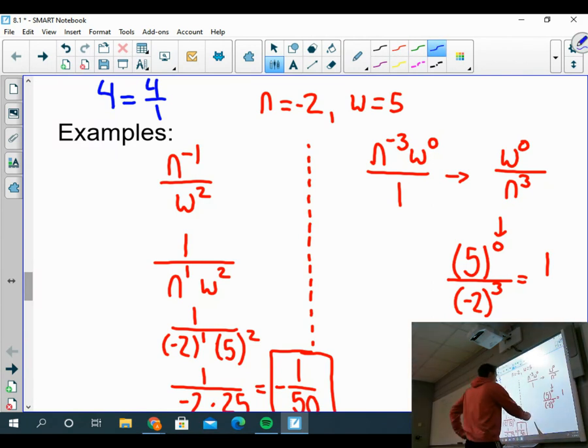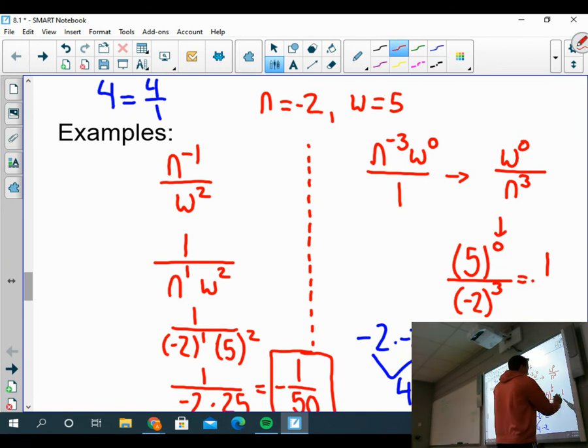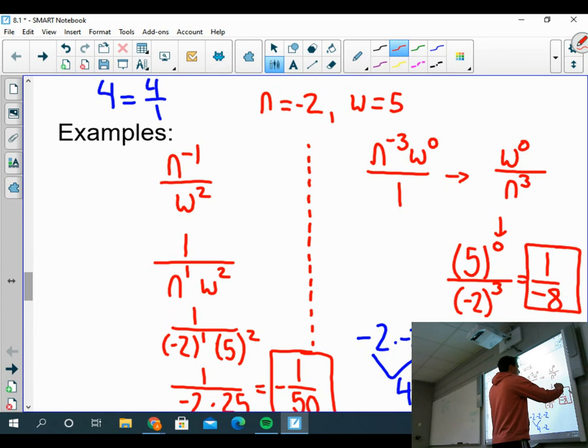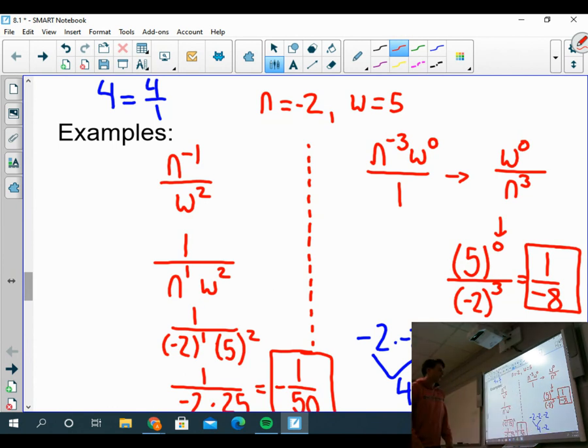And you might not know what -2 to the 3rd power is off the top of your head, so I'd encourage you to write it out. It's three -2's multiplied together. -2 times -2 is +4, times -2 will give us -8. And so n to the -3rd times w to the 0 power evaluates to 1 over -8 when n equals -2 and w equals 5.